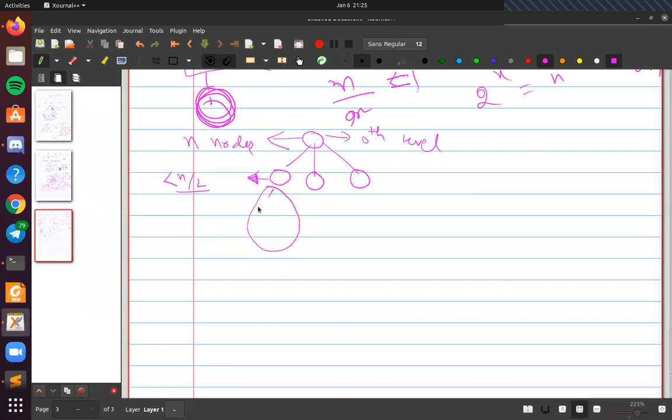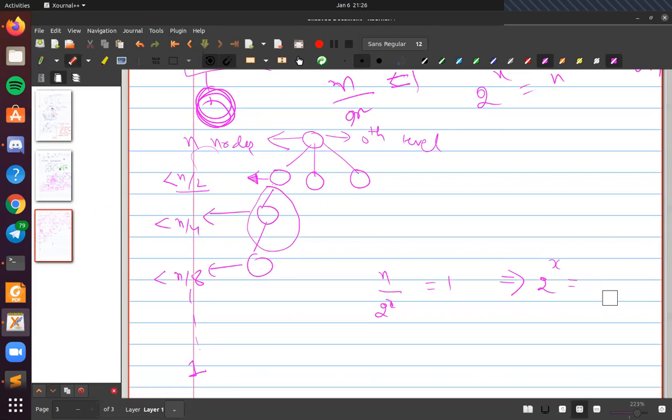This will have less than n by 4. This will have less than n by 8. So it will go until 1. So how many times does it go? n divided by 2 to the power x is 1. 2 to the power x is n. x is log n.